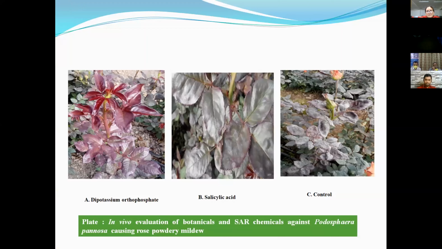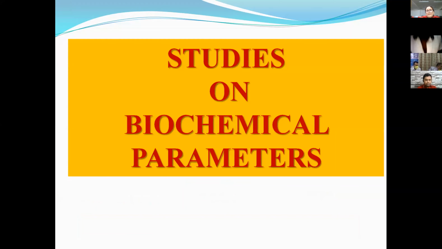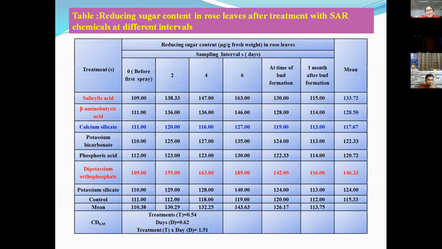So these are the results of dipotassium orthophosphate, similar to salicylic acid. And some biochemical parameters we have studied, because they are the indicators of whether systemic acquired resistance has been achieved in the plants treated with these SAR chemicals. So we have studied the reducing sugar content, then non-reducing sugar content, in all these SAR chemicals.